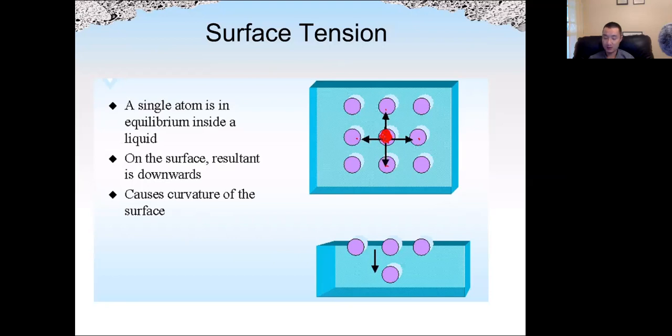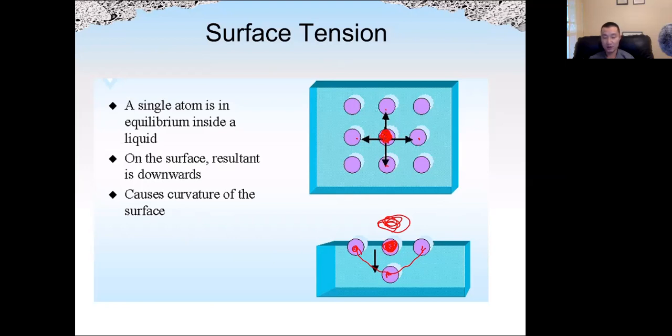But on the surface, things change because on the surface we only have atoms inside the liquid, but not above. And because of that, we have an unbalanced force acting on the atom at the surface of the liquid.